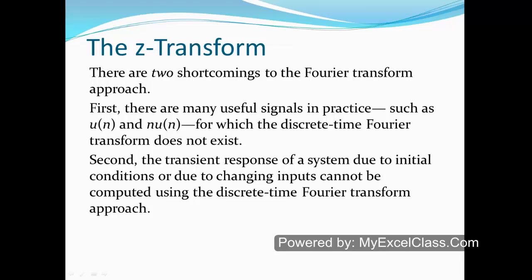So now we consider the extension of the discrete time Fourier transform to address these two problems. The extension is called Z transform. Its bilateral or two-sided version provides another domain in which larger classes of signals or sequences can be analyzed. Its unilateral, that is one-sided, version can be used to obtain system responses with initial conditions or changing inputs.